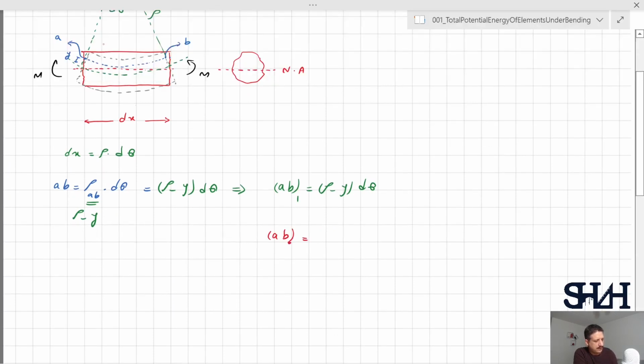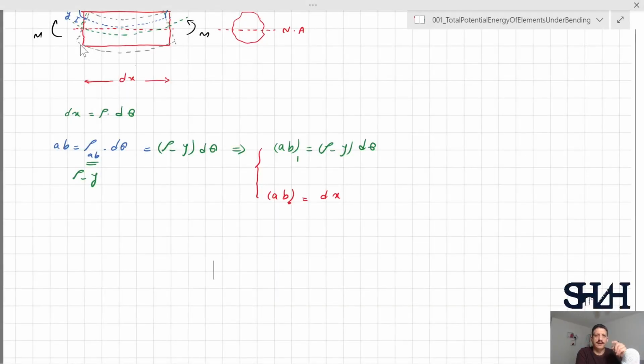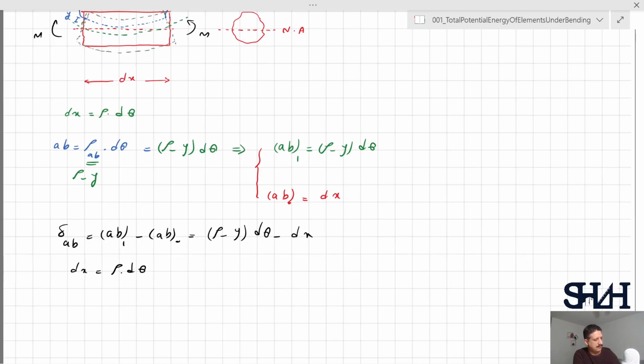AB before deformation, or before applying the load, was dx. Now, by using AB after elongation or shortening compared to the initial length of the element, we can calculate the deformation. So delta AB will be AB1 minus AB0, which is rho minus y times d theta minus dx. And we know that dx is rho d theta from here.